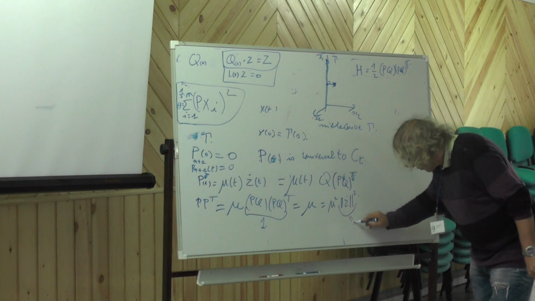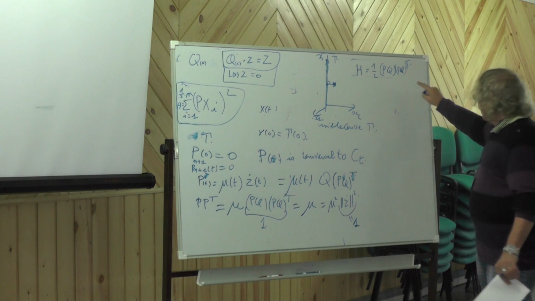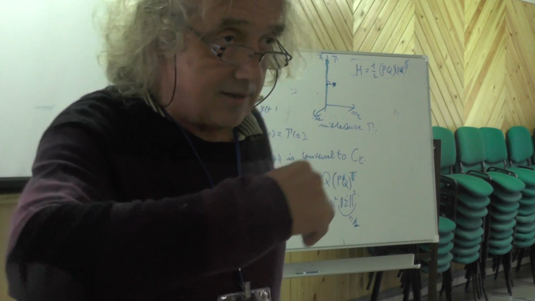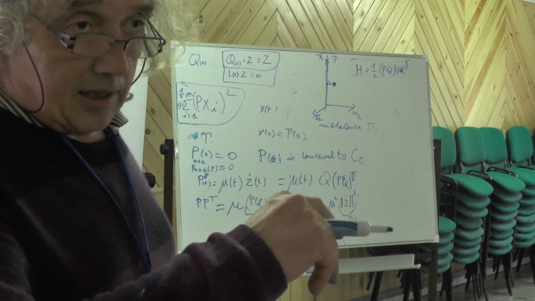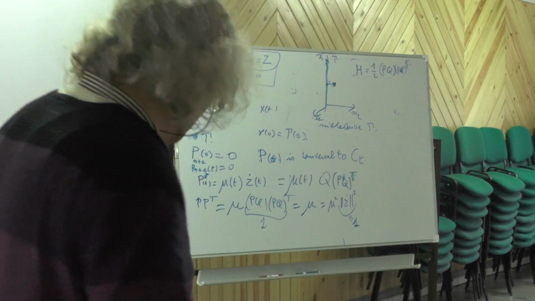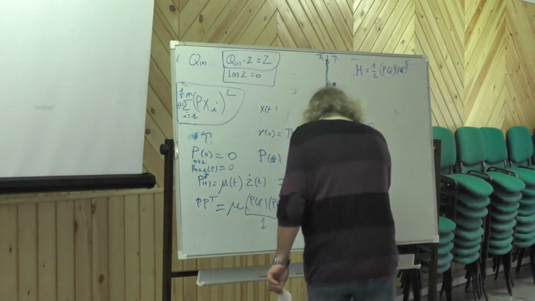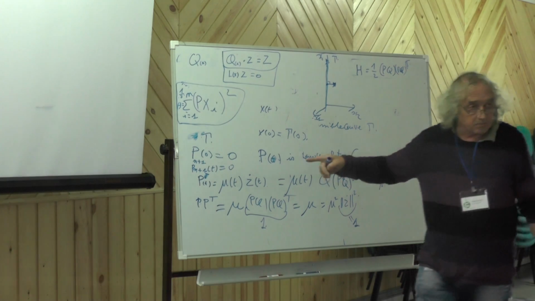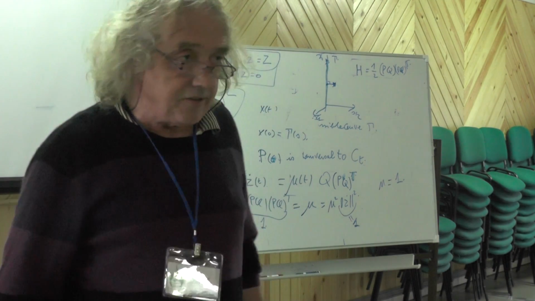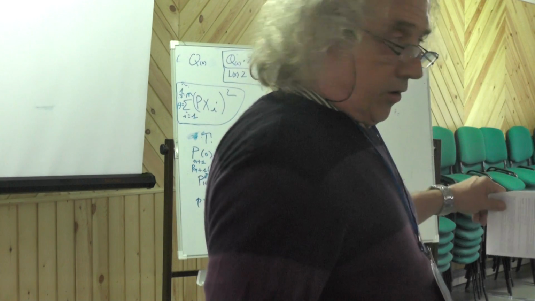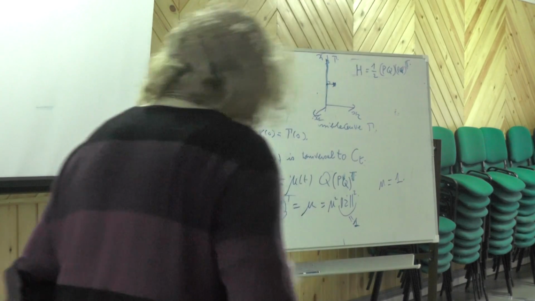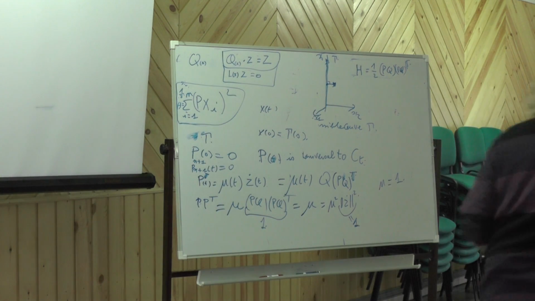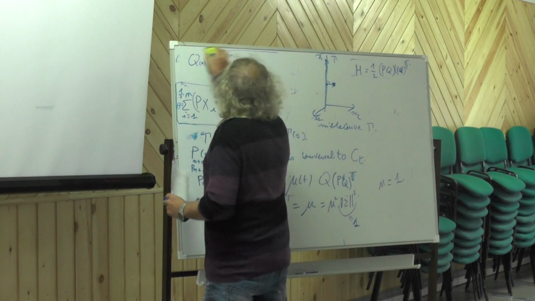But this guy must be equal to 1, because the assumption that the Hamiltonian is 1/2 means that the geodesics are parameterized by arc length. And then you have that mu is equal to mu square, and then mu must be equal to 1, because mu cannot be zero, by the way. If mu is 0, since r is 0 also, it would contradict the maximum principle. Then this mu is equal to 1. Okay? This mu is equal to 1.